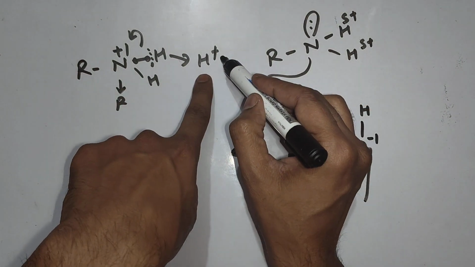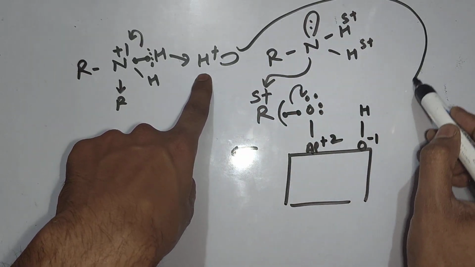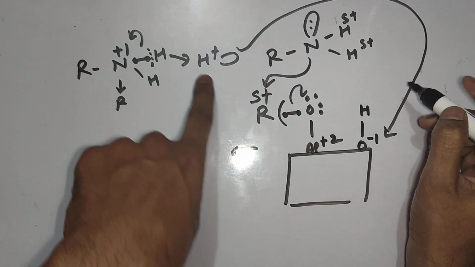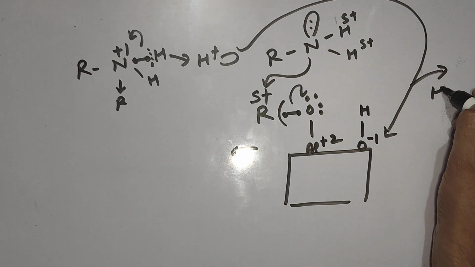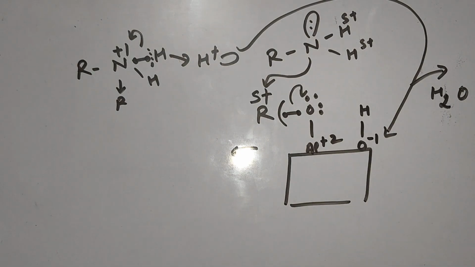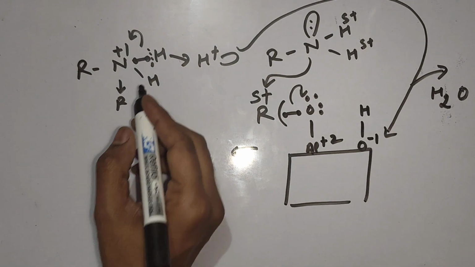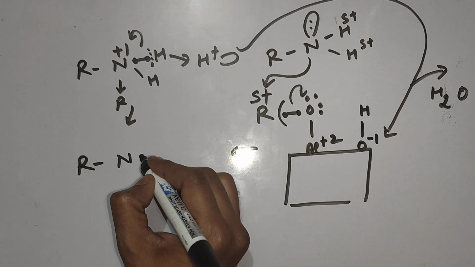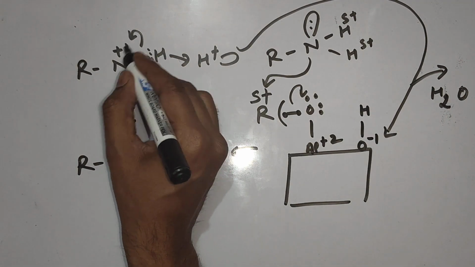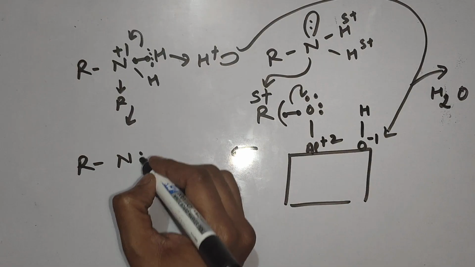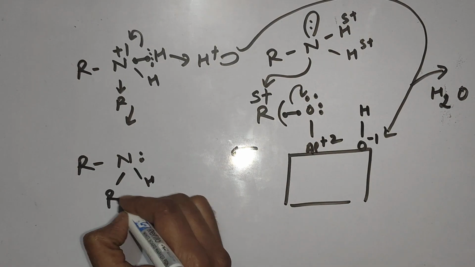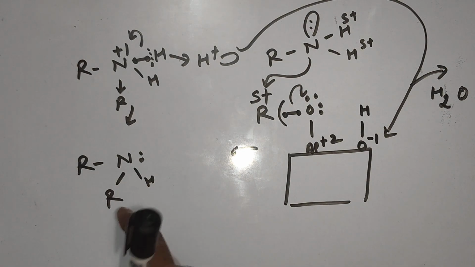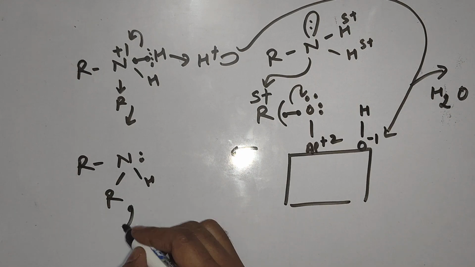That H positive with a vacant orbital will again attack this neighboring O negative, and what will release out? H2O. And what about this molecule? Nitrogen will get a lone pair on it, so the +1 charge will finish. H is here, R is here. Watch carefully. What is this? This is 2 degree amine.